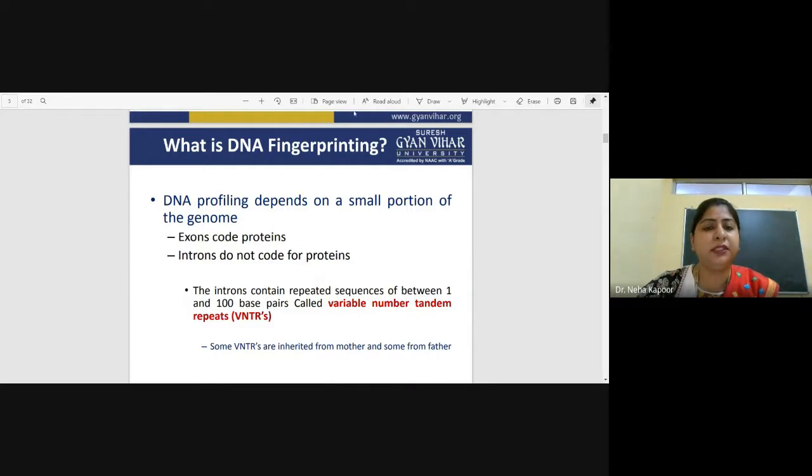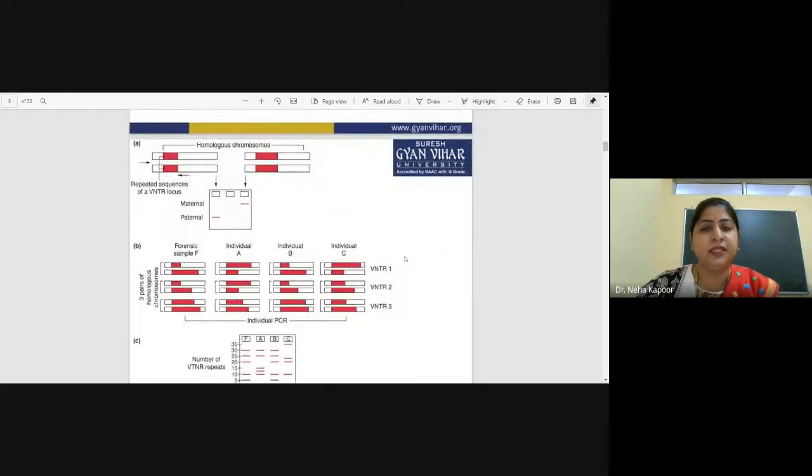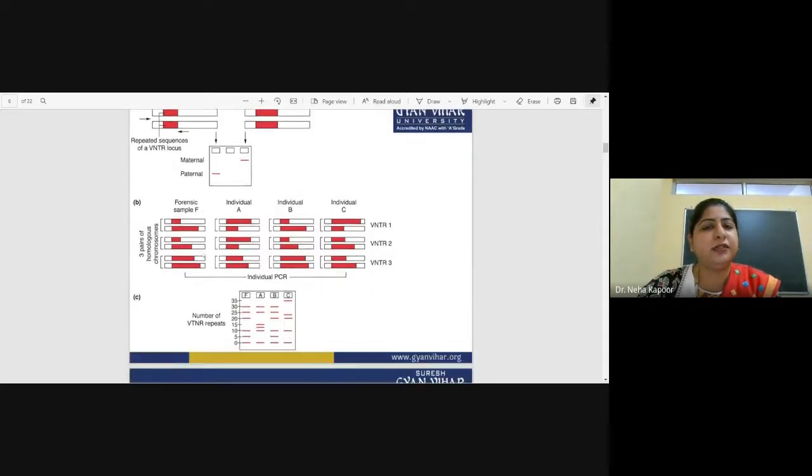So this is the actual concept. These are the homologous chromosomes, with the repeated VNTR sequences shown in red. This one is maternal, and this one is paternal. When you analyze these VNTRs by agarose gel electrophoresis, you will observe the bands at different locations. Suppose there is some forensic work happening.